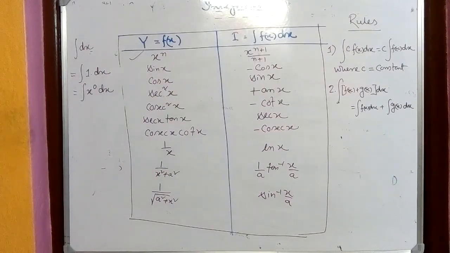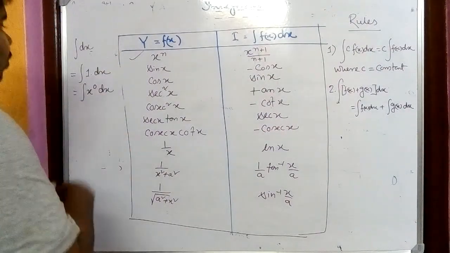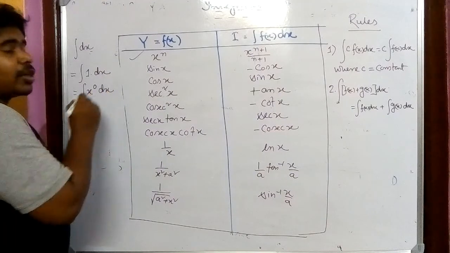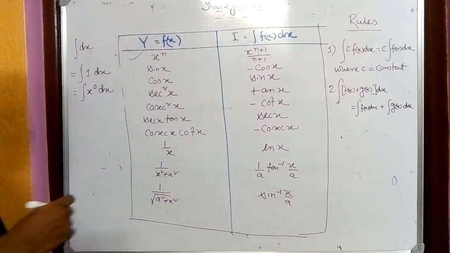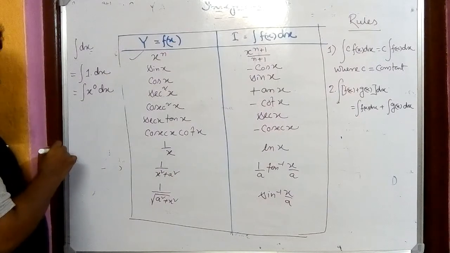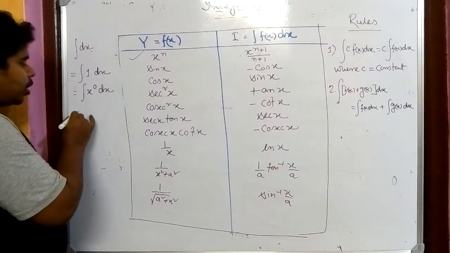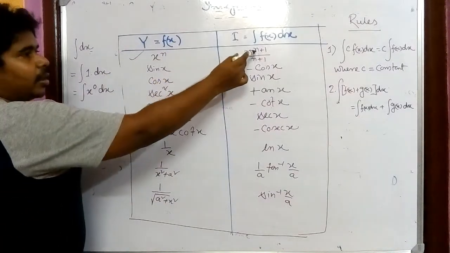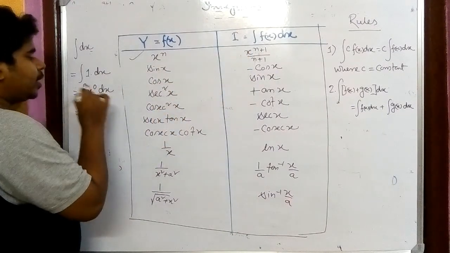You might be asking, why is it x to the power 0, why not another number? Because it is a function of x, it is dx, so we have to take it as x to the power 0. So the value of n is 0.